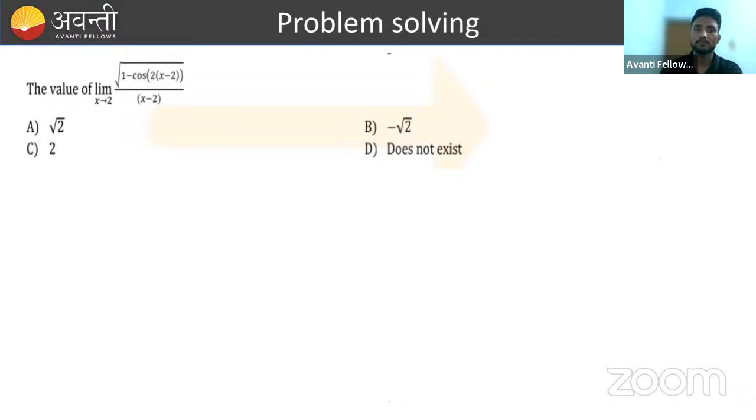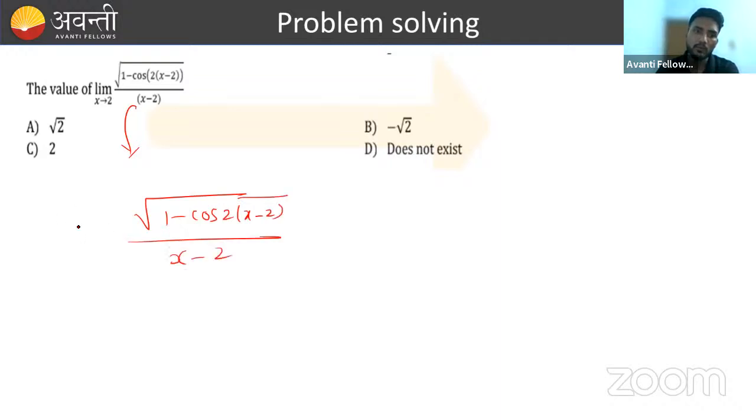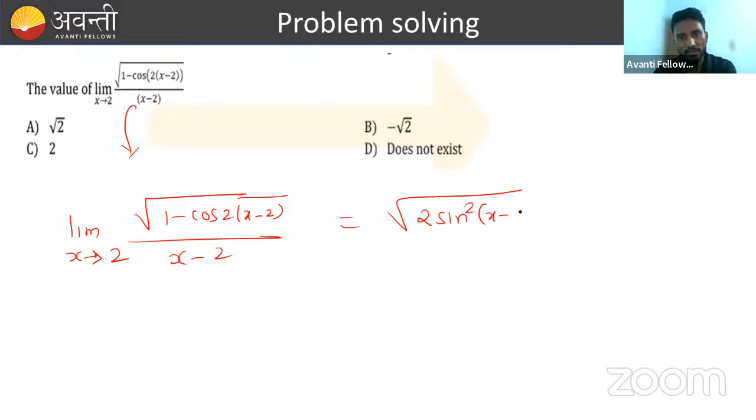Okay, this question you can also solve. Again, it is root under 1 minus cos 2x, minus 2, and divided by x minus 2, limit x tending to 2. So what can I write? I can write like this: 2 sin square x, minus 2 divided by x minus 2.